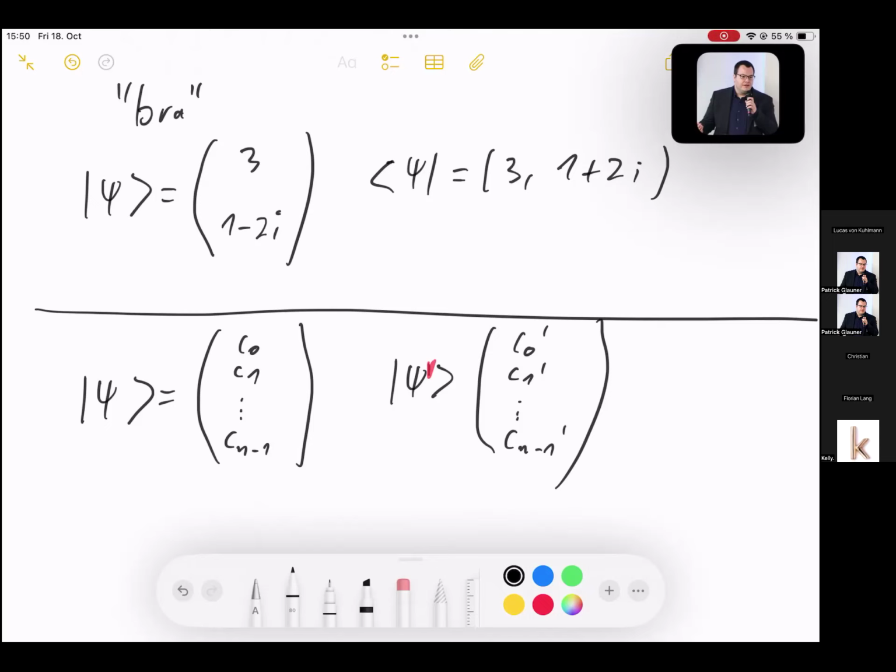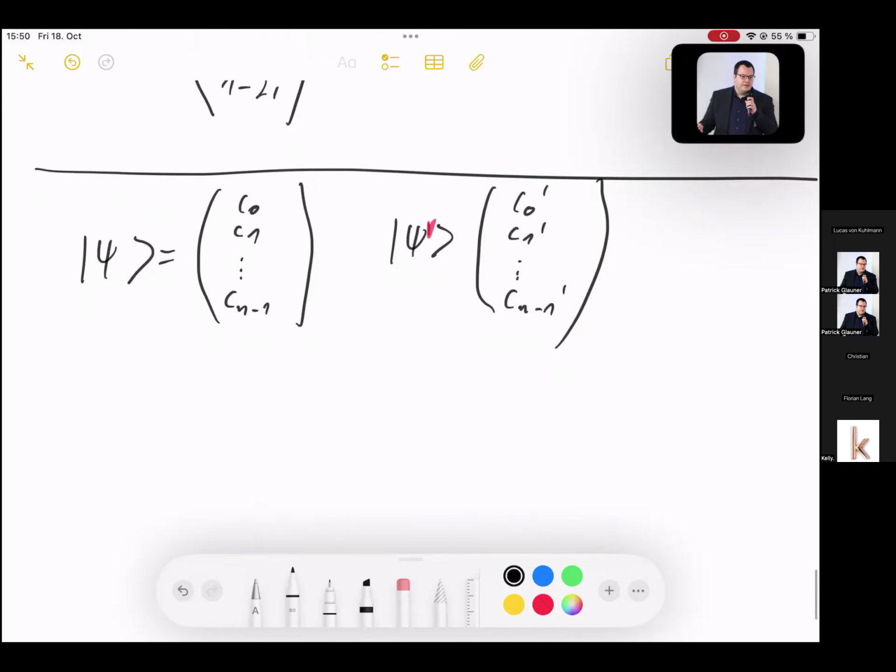If we calculate the inner product, this will give us the transition amplitude between state psi and psi prime. How can we calculate the inner product? In this case, it's more or less just a scalar product of the two vectors. But it's not exactly the scalar product, because from psi we need the conjugates. So we cannot just do the scalar or dot product.